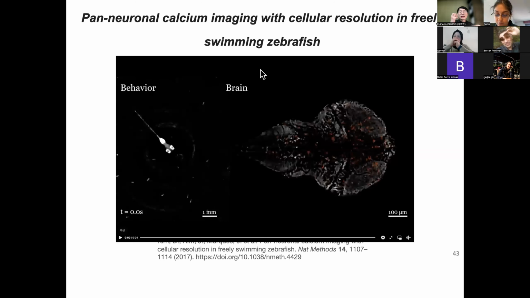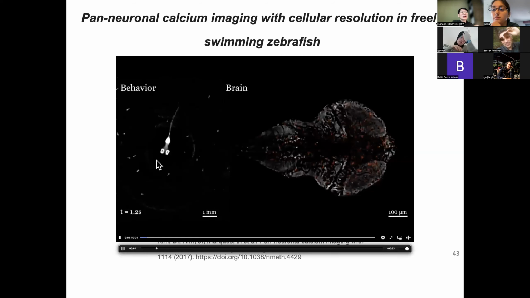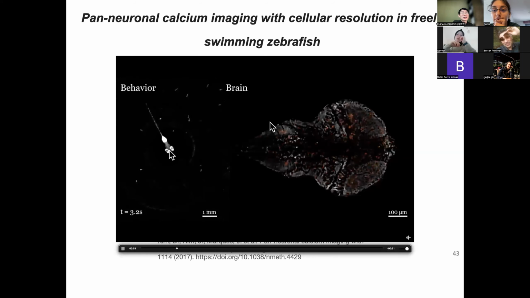Now what happens afterwards? We want to see a more natural state, what happens in the zebrafish's brain while they are looking for prey. This technology is now possible. Look at this, there's a phase change.